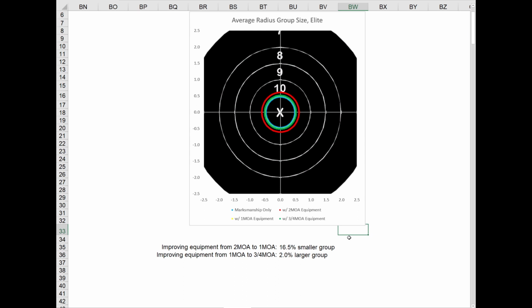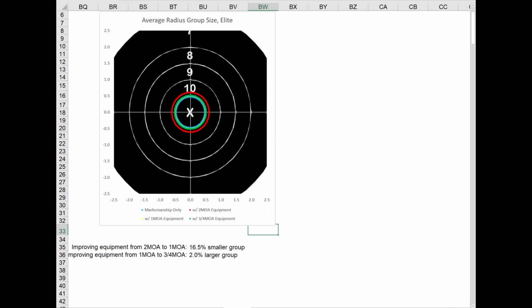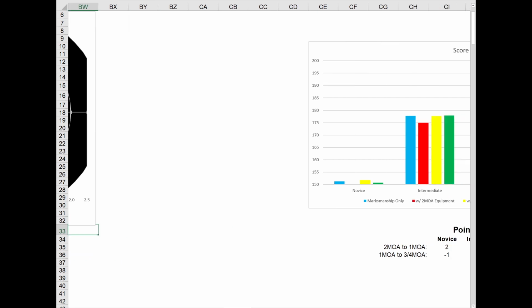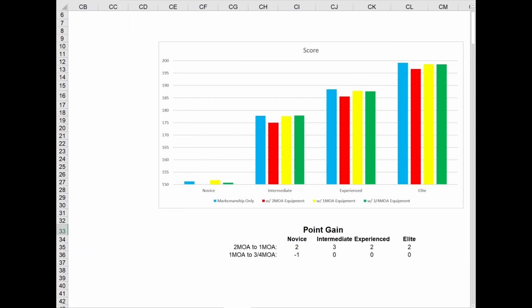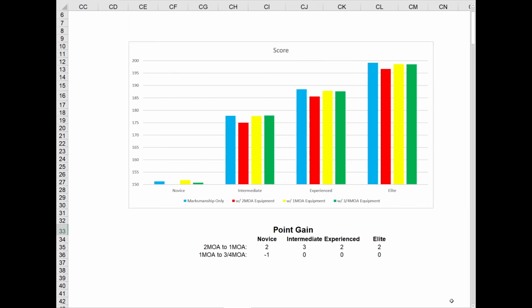But in high power rifle competition, group size really doesn't mean very much. What matters, and really the only thing that matters, is score, and that's how you determine who wins. So I looked at group size, but I also looked at score, between these shooters and how equipment mattered for them.